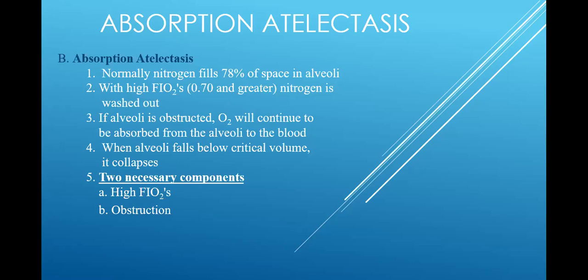Obstruction, both of those. So when you see a test question that says all of these are needed for absorption atelectasis, and they just say FiO2 is greater than 70%, and they don't say anything about an obstruction, don't pick that one. It has to be both. FiO2s above 70% and an obstruction. Both of those are needed.